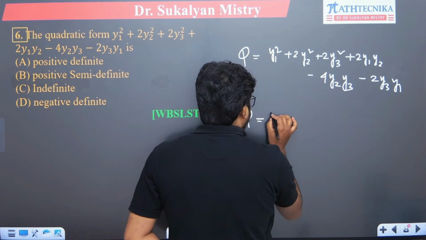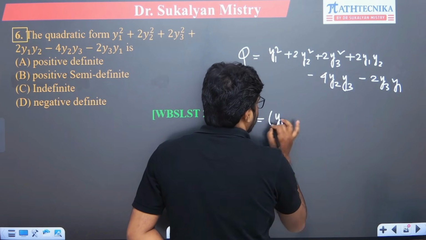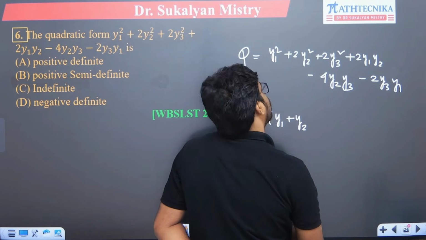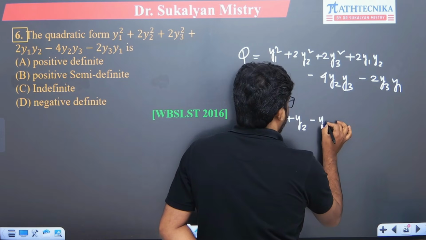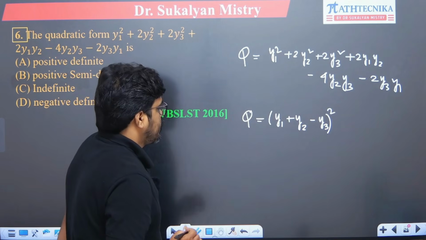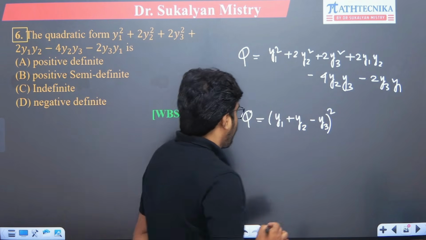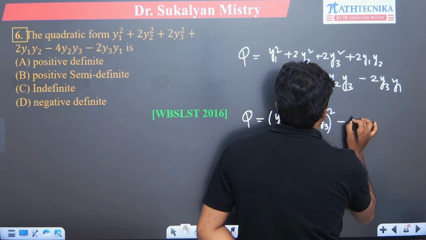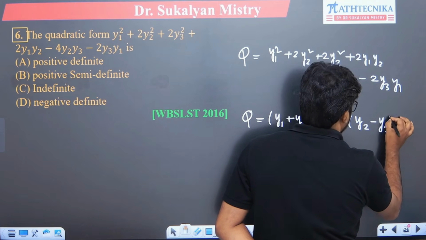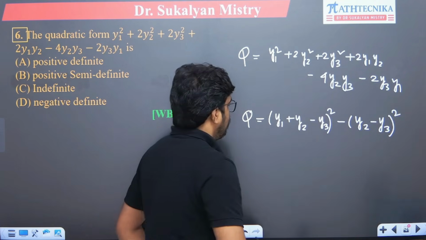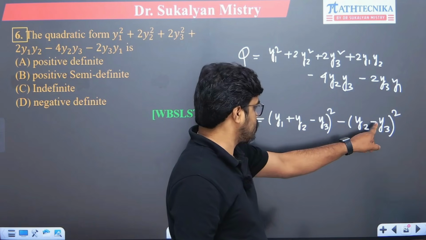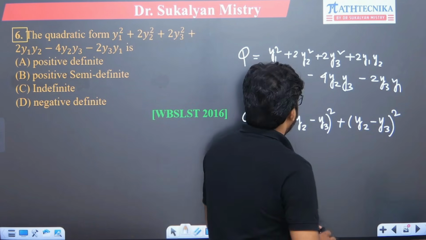So this can be written as y1 plus y2 plus y2 minus y3 square, right? Okay, plus y2 minus y3 square.